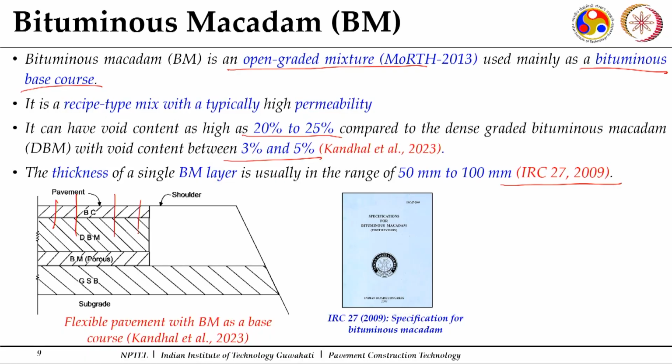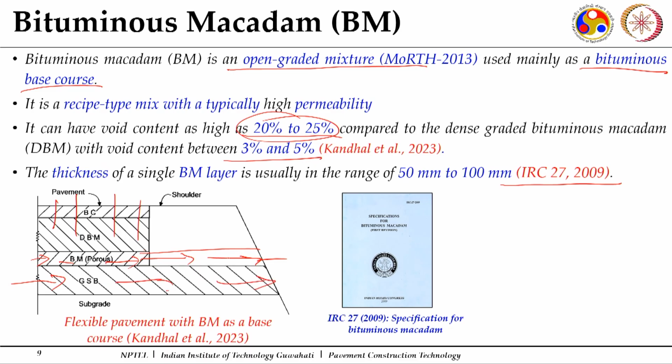Now, when you are using this permeable bituminous macadam as a binder course, you have to be cautious, because as mentioned for the drainage layer also, if some water enters through the surface or through the sides for any reason, then this bituminous macadam layer, which is quite porous because it has 20 to 25% air voids, will hold water. In that case, I should have proper measures on the sides under the shoulders to drain this water away, as I did in the case of the drainage layer.